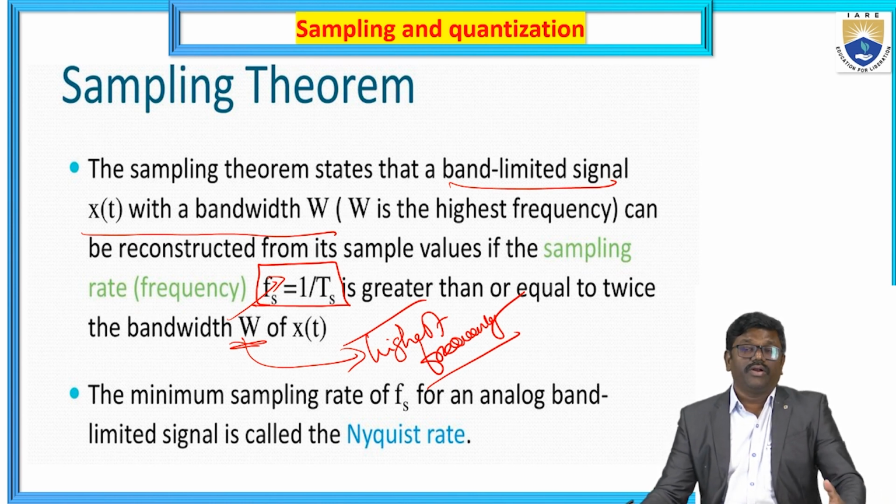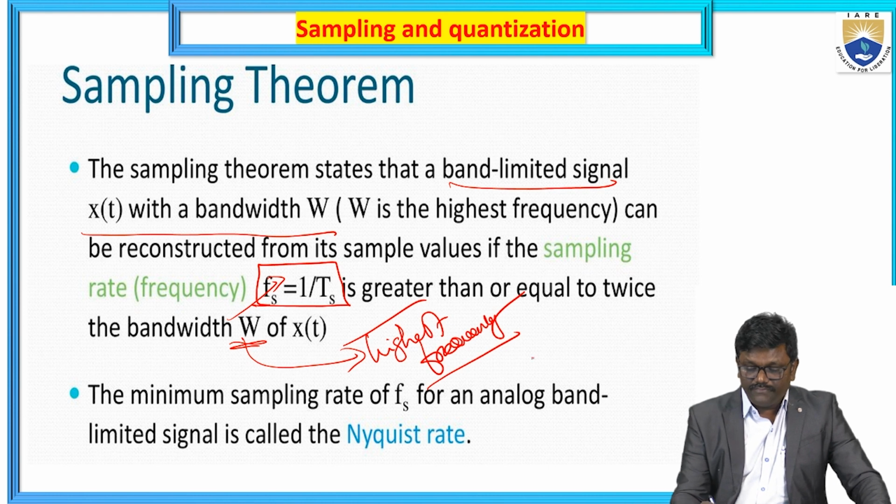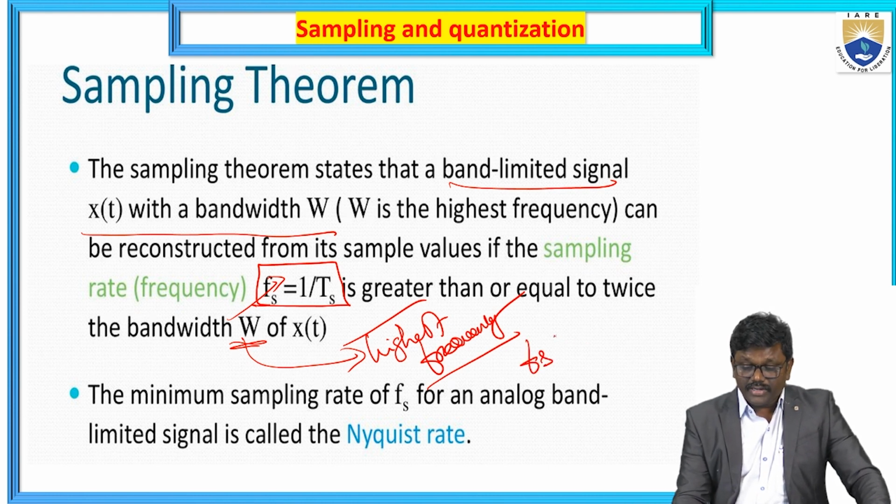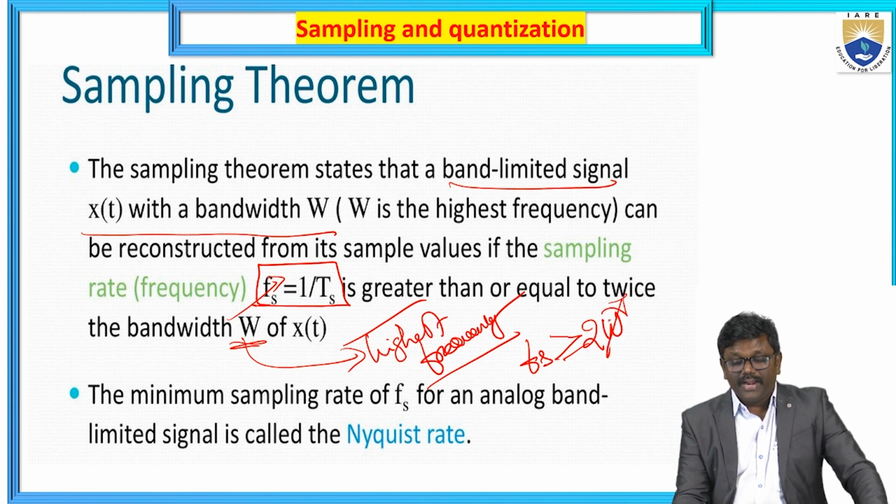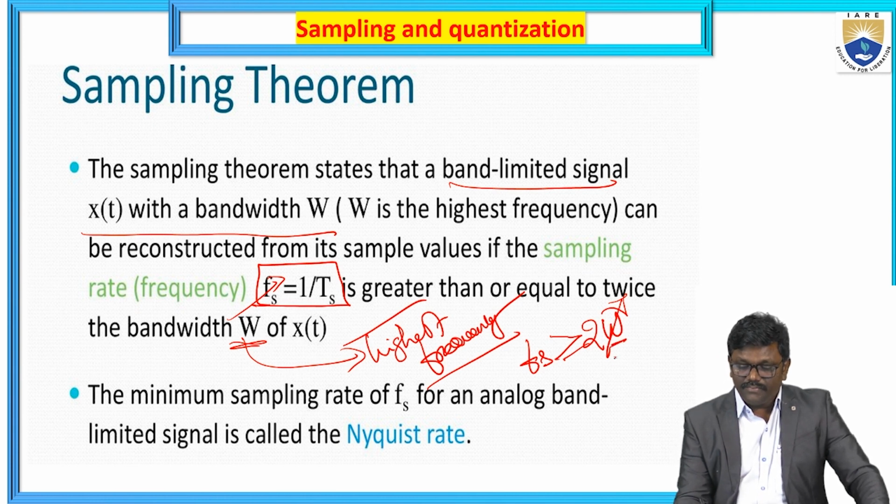So that is what we want to understand. So Fs obviously should be greater than or equal to twice W. What is this W? W is the highest frequency of the band limited signal.